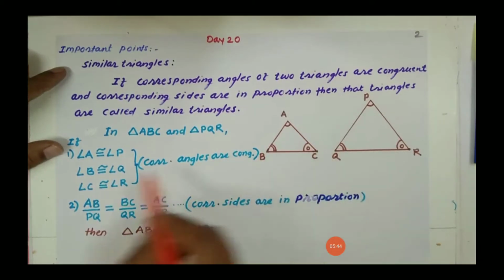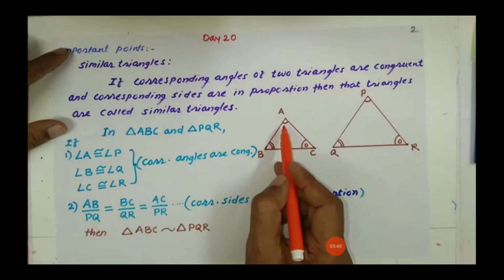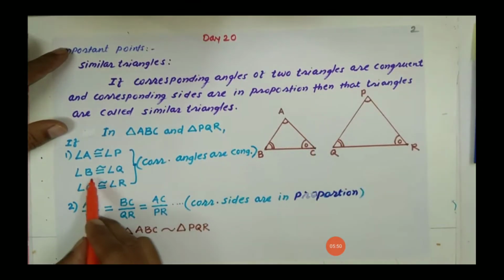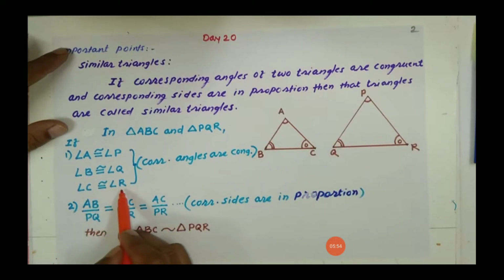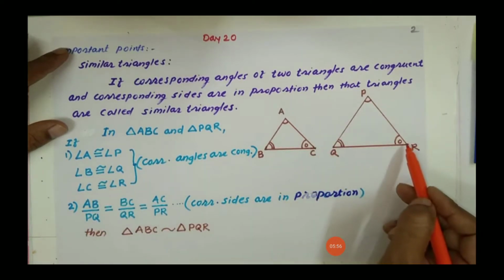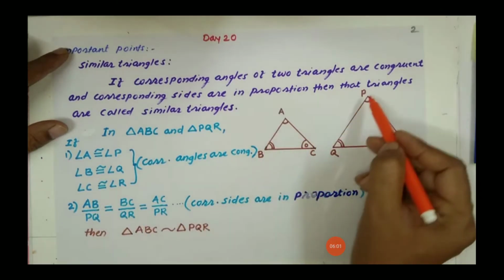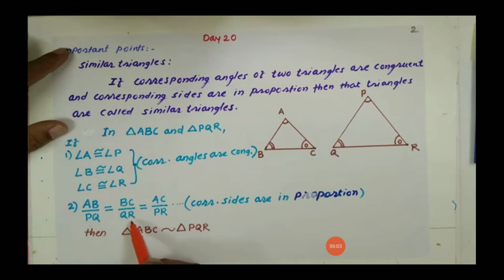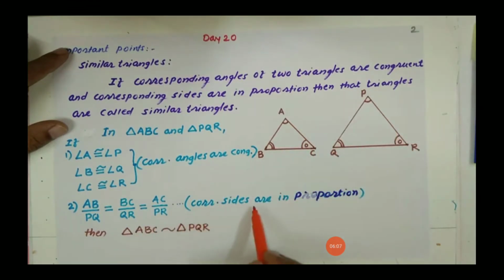Now the same thing is written over here in triangle ABC and triangle PQR. In these two triangles, if angle A is congruent to angle P, angle B is congruent to angle Q, and angle C is congruent to angle R, and also AB upon PQ is equal to BC upon QR is equal to AC upon PR, so the corresponding sides are in proportion, therefore it is written.